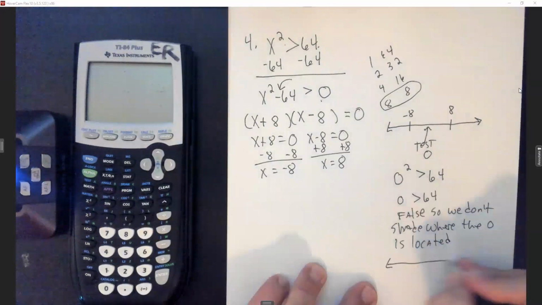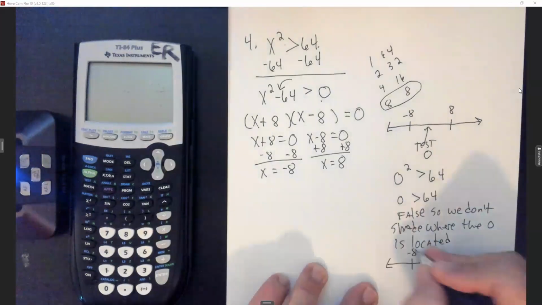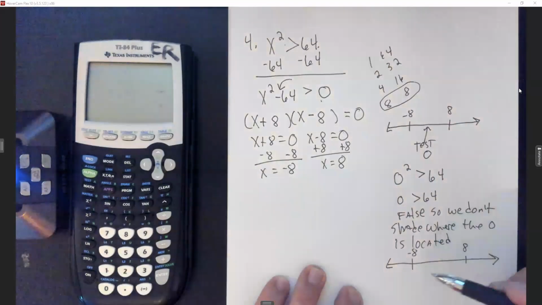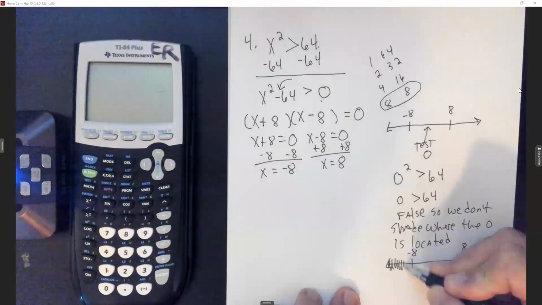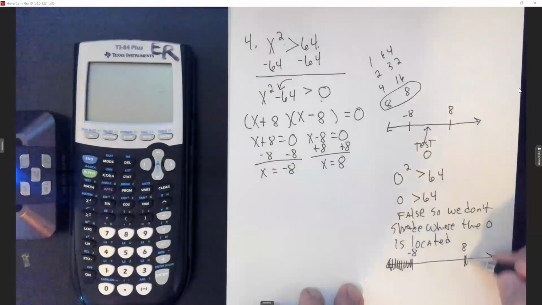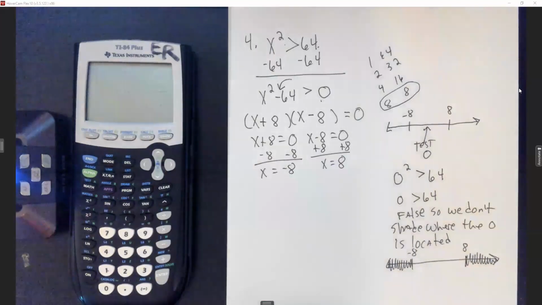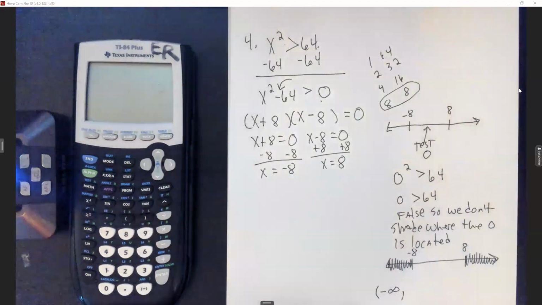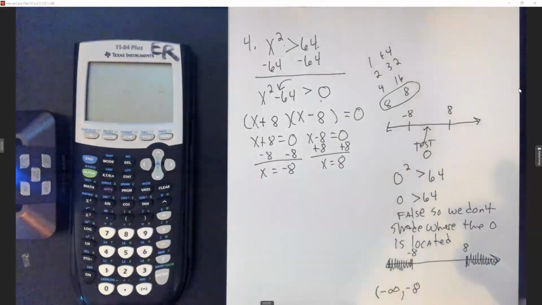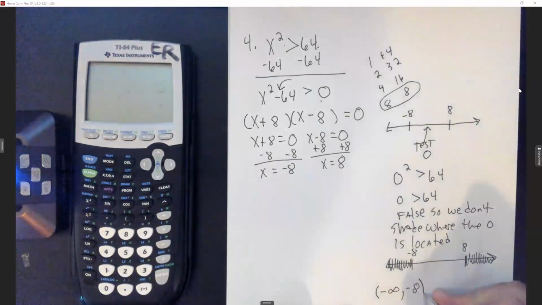So let's see, I had my negative 8 and my positive 8. I'm not going to shade where the 0 is, which means I'm going to shade those outsides. So since I shaded the outside, it's going to start at negative infinity, and I'm going along the number line until I hit -8. All right, there was not an equals under that, so we got to use parentheses.